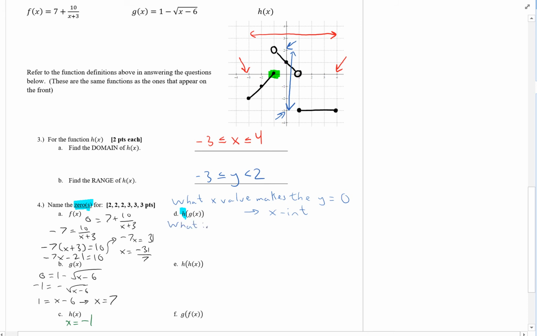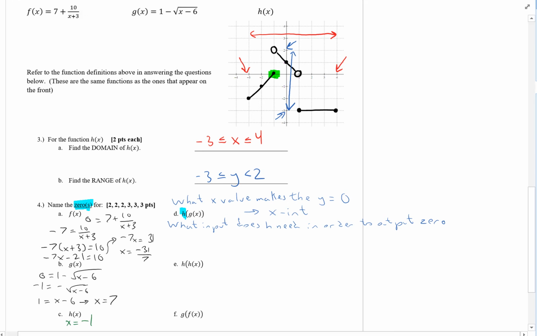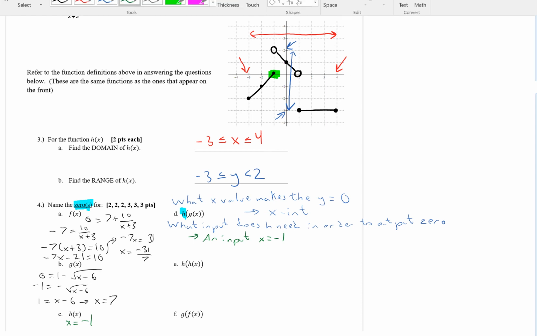What input does h need in order to output 0, right? That's what a 0 of a function is. What can I put into h that will give me 0 out? And we already know that from over here, right? We already know that I need an input of -1, because we learned that the 0 of h was x equals -1. An input x equals -1 gives me an output of 0.